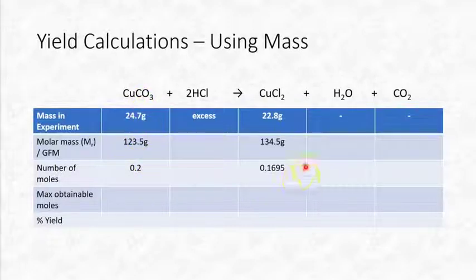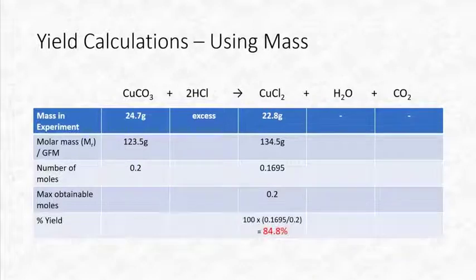We worked that out earlier. Now we can work out that the 22.8 grams that we obtained from our experiment is 0.1695 moles. We just divided our 22.8 by 134.5. Our maximum obtainable moles, again, is 0.2. Nothing's changed there. We're still reacting these 1-to-1.